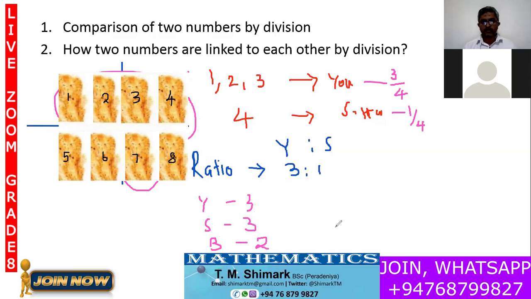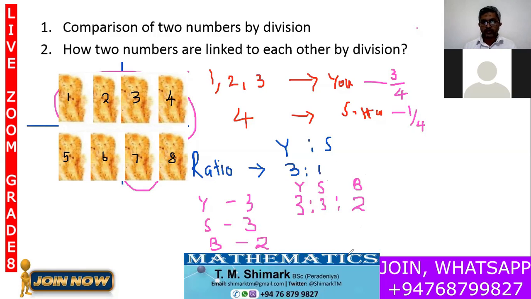Now, how will I tell the ratio? We can tell this ratio as 3:3:2. So you are this one, your sister is this one, your brother is this one. So the ratio is going to be 3:3:2.